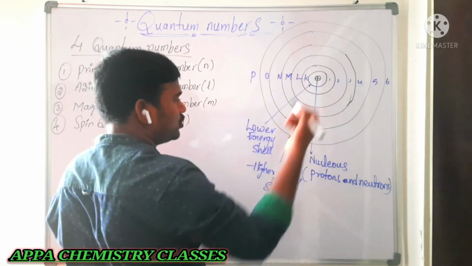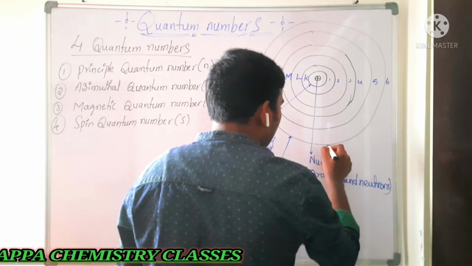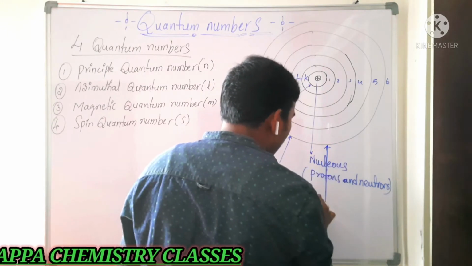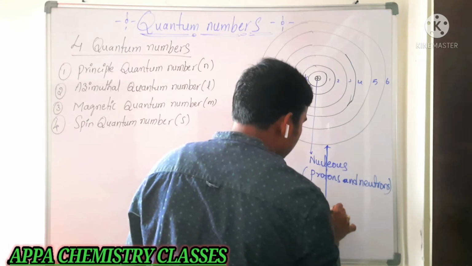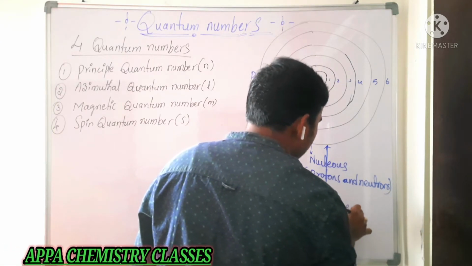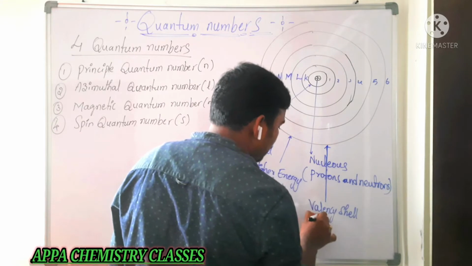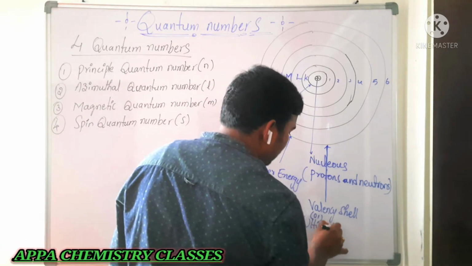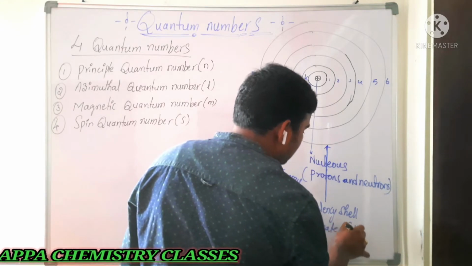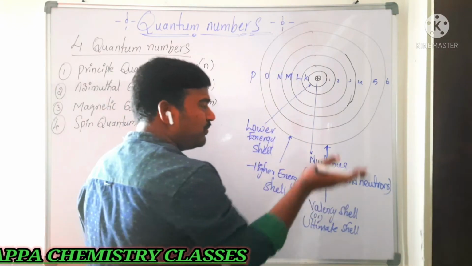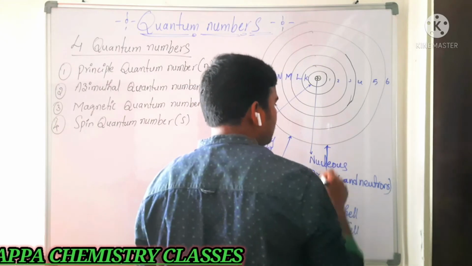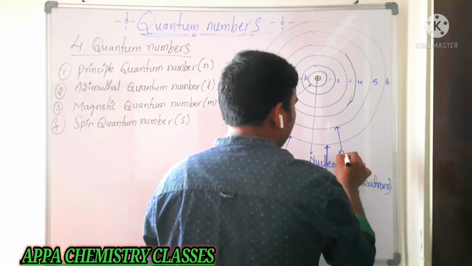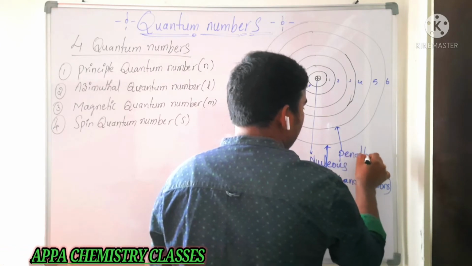The outermost shell is called the valency shell. The valency shell is also called the ultimate shell. Before the valency shell, whatever the energy shell is there, that energy shell is said to be the penultimate shell.